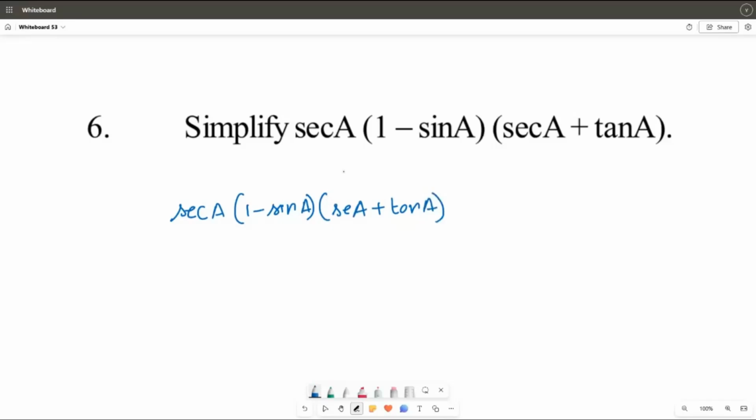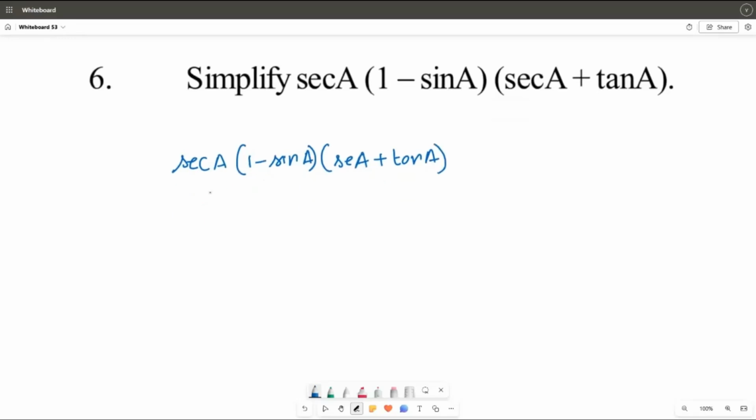So first, initially, let's multiply the secant A into the first term. So this would be secant A minus secant A into sin A, into secant A plus tan A.